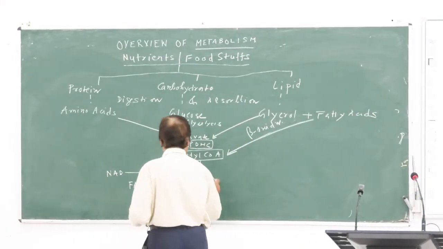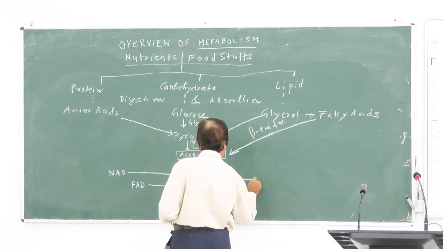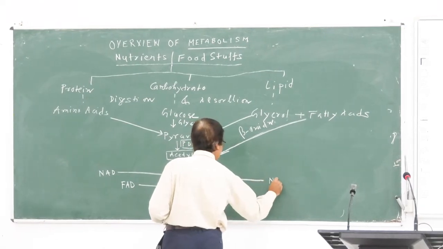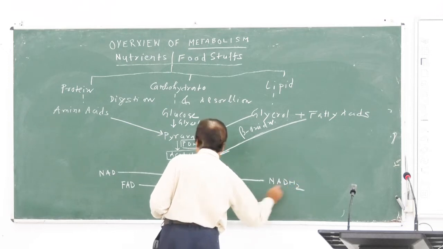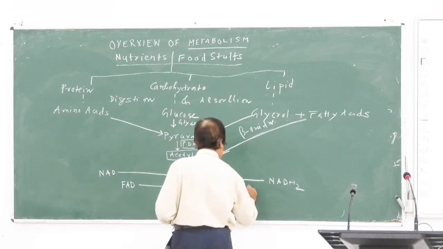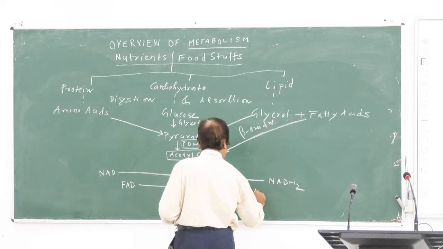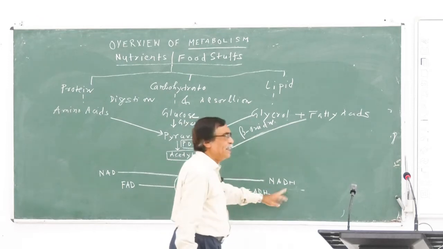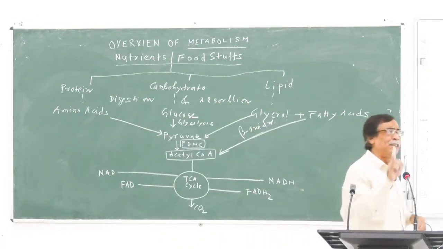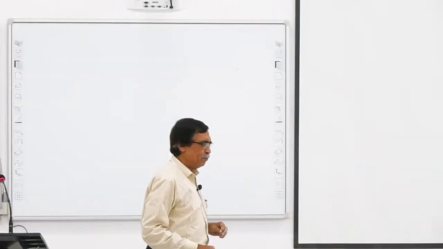This gets reduced at the expense of oxidation. That means it will get NADH2 and FADH2. NADH, you remember NADPH is also a reducing equivalent.